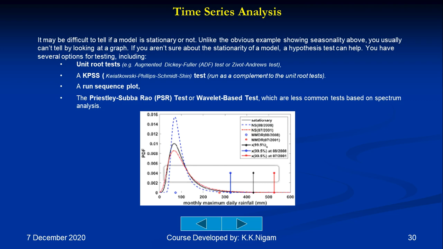A KPSS test, that is Kwiatkowski-Phillips-Schmidt-Shin test, is run as a complement to the unit root test. Others include a run sequence plot, the Priestley-Subba Rao or PSR test, or wavelet-based test, which are also less common tests based on spectrum analysis.